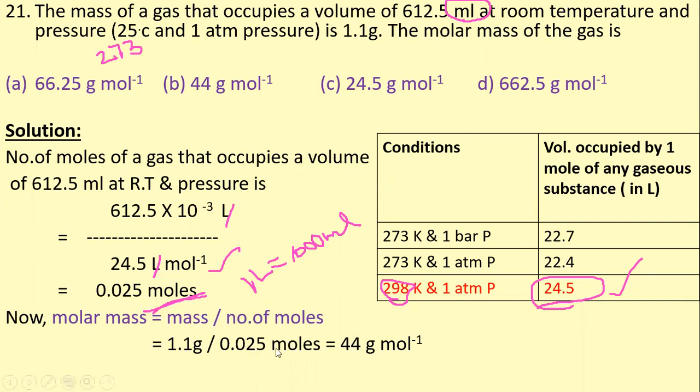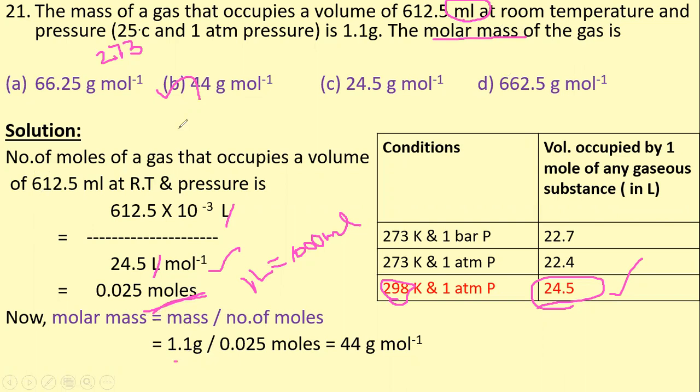Once we divide, we get 44 gram per mole. So now we can confirm the right option: the second option, 44 gram per mole. First we calculate the moles, and next we check with the molar mass. In the question they ask only molar mass, and we all know molar mass is simply mass divided by number of moles.